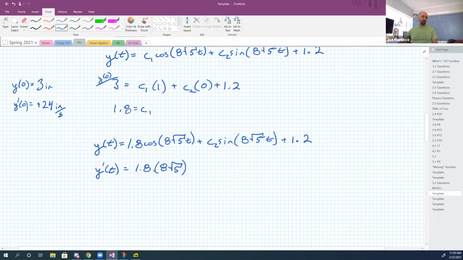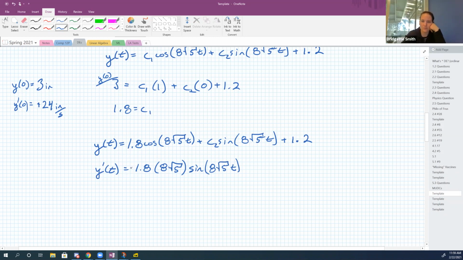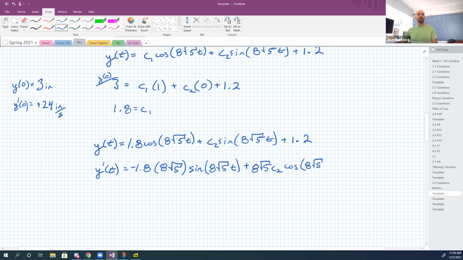Cosine turns into which? Sine. And I'm going to have an 8 root 5 t. That gets a minus sign, doesn't it? The derivative of cosine is minus sine, I think. Pretty sure. And then I'm going to end up with 8 root 5 C2 times cosine of 8 root 5 t. And then I'm going to have plus 0, right?